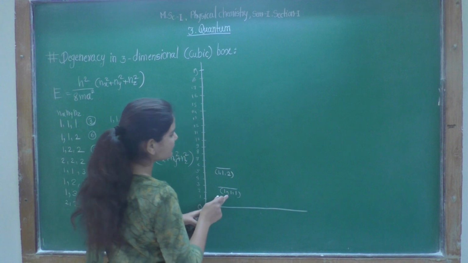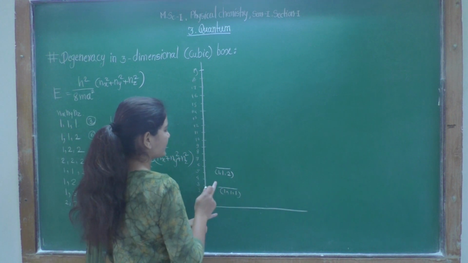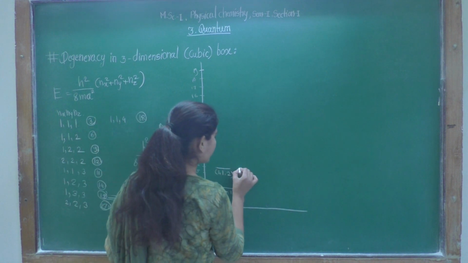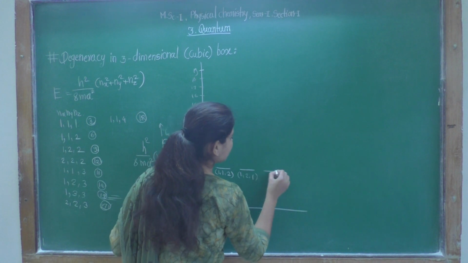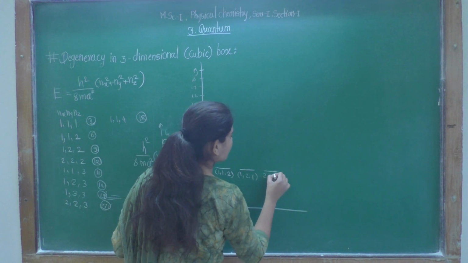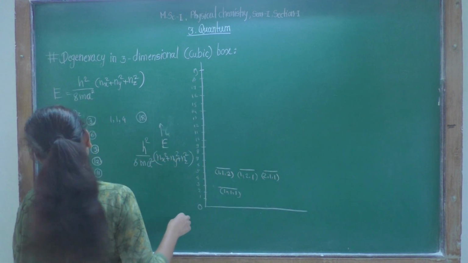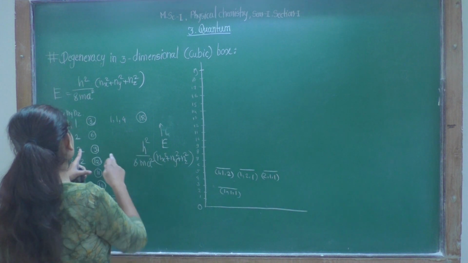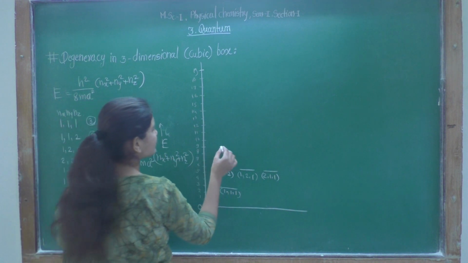Here for 1, 1, 1 it is the same, it is non-degenerate, it has only one combination. But here we can write again 1, 2, 1, and again 2, 1, 1. So we obtain 3 degenerate levels for 6. Now next is at 9. It also has 1, 2, 2.